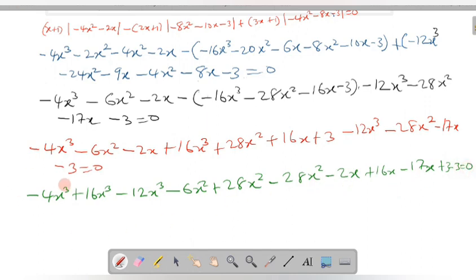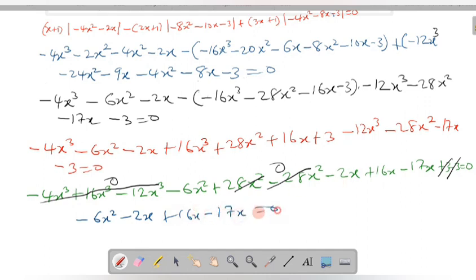From here you can see that when you add this and this, that gives you minus 16 and this plus 16, so the whole of this is equal to 0. Then this again, the whole of this cancels out, so this is 0. Then this and this cancel out, so we'll be left with minus 6x squared minus 2x plus 16x minus 17x equal to 0.